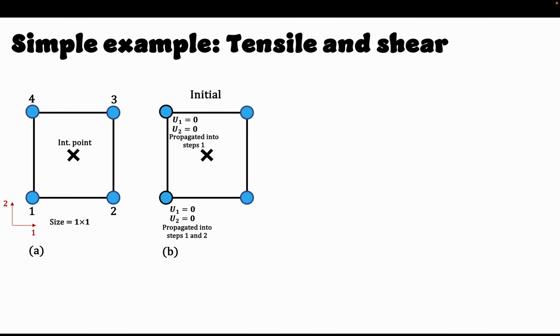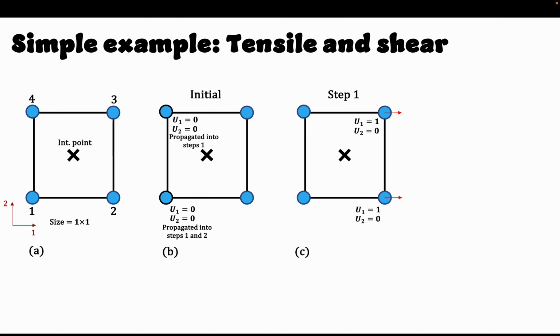In the initial step, I fix the left nodes in all directions, so the displacement is equal to 0. In step number 1, I apply a horizontal displacement to the right nodes, with a displacement of 1, and the other displacement in direction 2 is fixed.